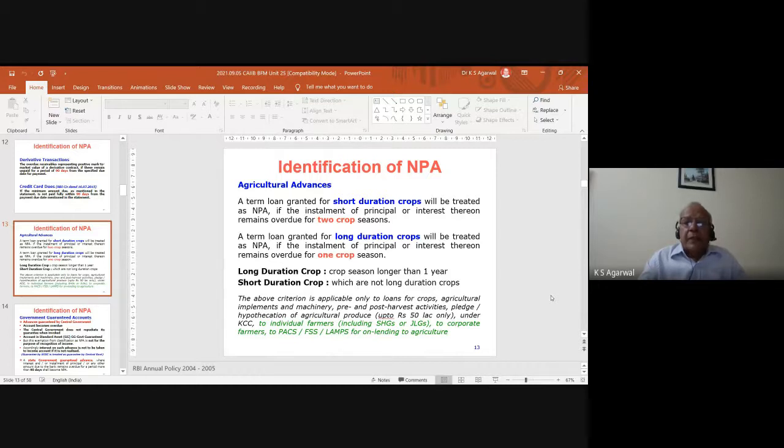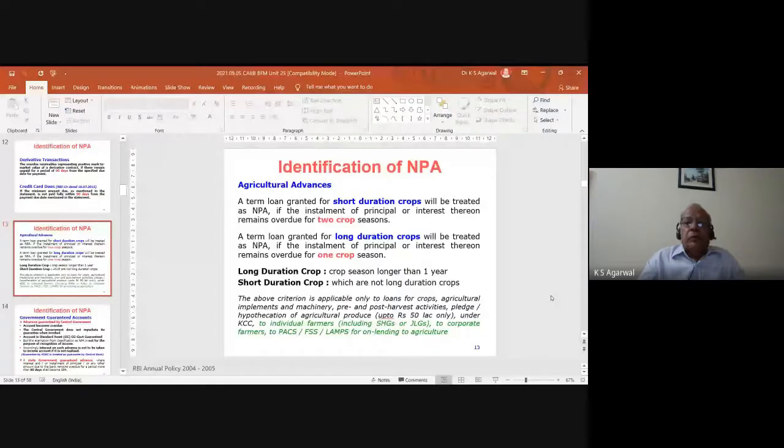This criterion is applicable only to loans for crops, agricultural implements and machinery like tractors, pre and post harvest activities, pledge hypothecation of agricultural produce up to rupees 50 lakh only, or under KCC, to individual farmers, corporate farmers or farmer societies.